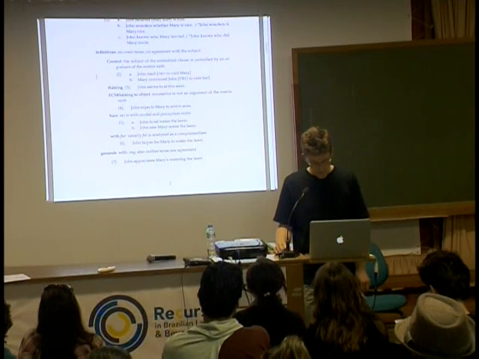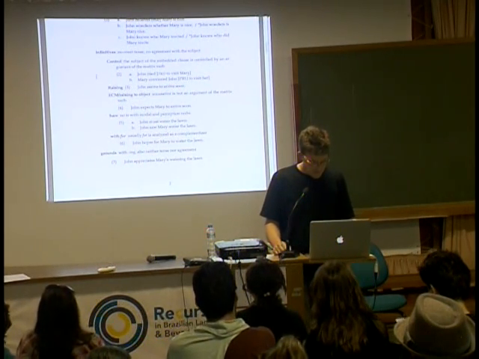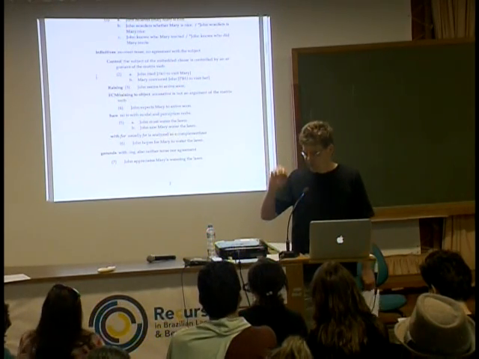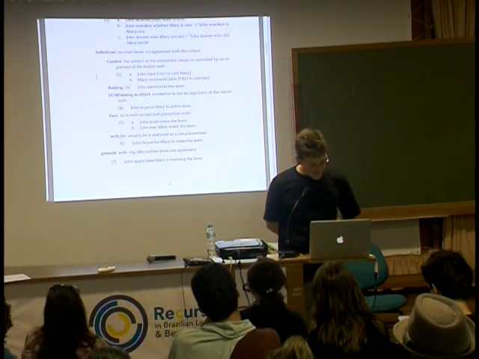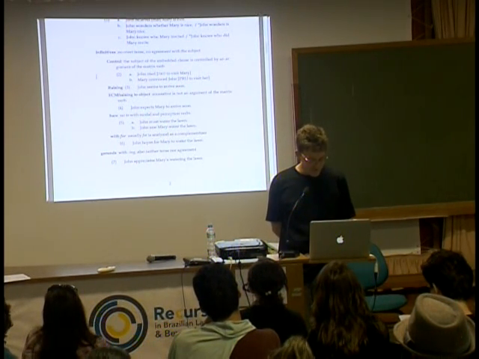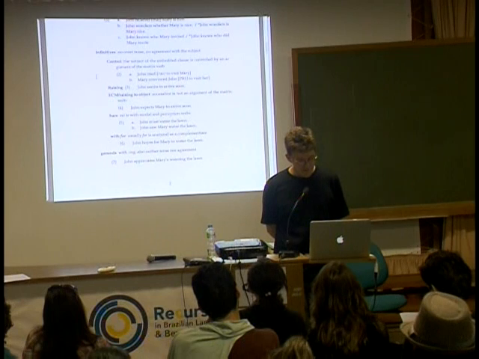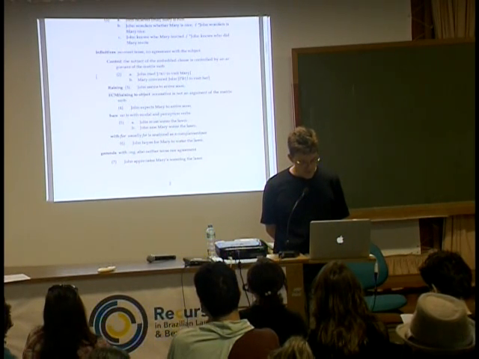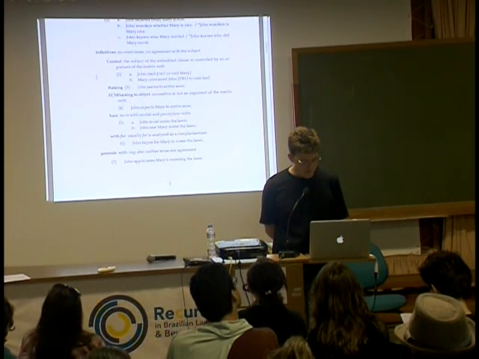So now we look at infinitival clauses, or infinitives. I'm sure there are people in the audience who can describe this much better. But basically in English there are these structures that have been described as control.